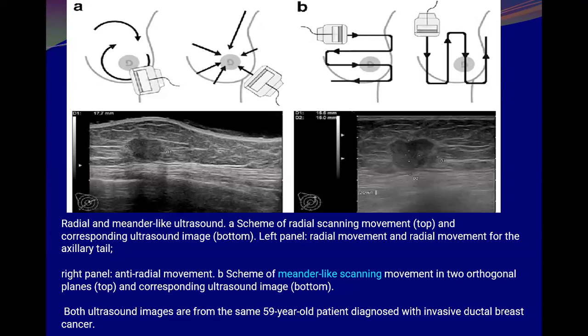I scan the lesion in a radial technique, but sometimes when I put the transducer in an optimum radial technique pointing toward the nipple, the lesion might not be in the longest axis, longest dimension.